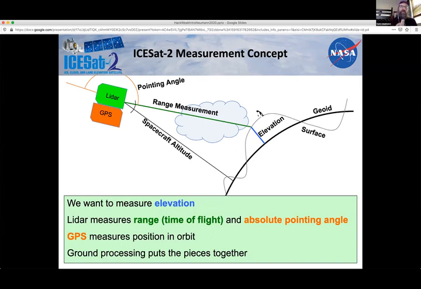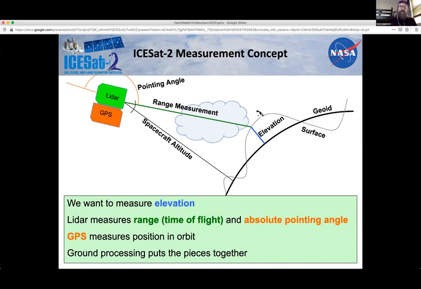The two other pieces of information that we need are the position of the observatory in the orbit. So one could say whether you're over Greenbelt, Maryland or Greenland. And then the pointing angle. Are we pointed perfectly at nadir, a little to the left, a little to the right?